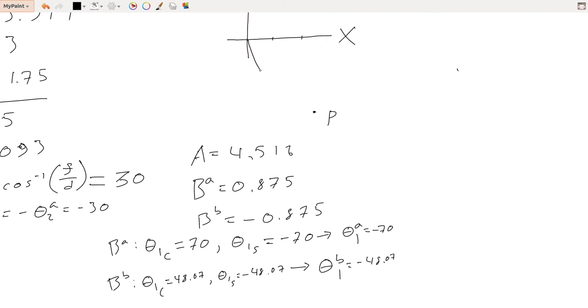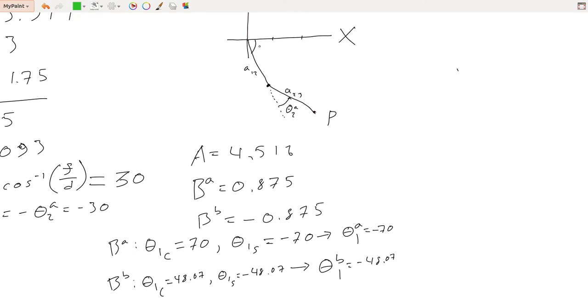This of course is not totally to scale, so there's A12, and there's theta 1a, and here is theta 2a. So there's our minus 70 degrees and our plus 30 degrees, and that puts us at point P with the end effector. So that's the elbow up, or I'm sorry, elbow down configuration.